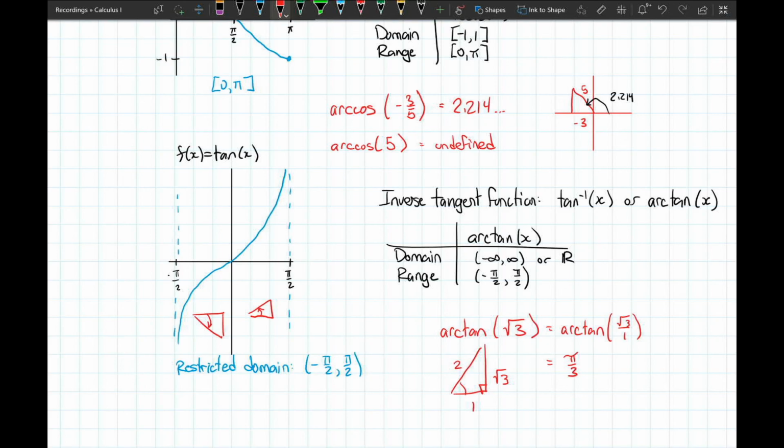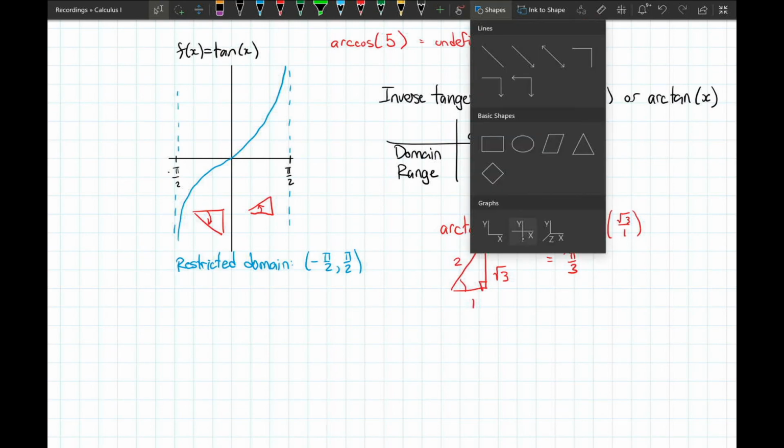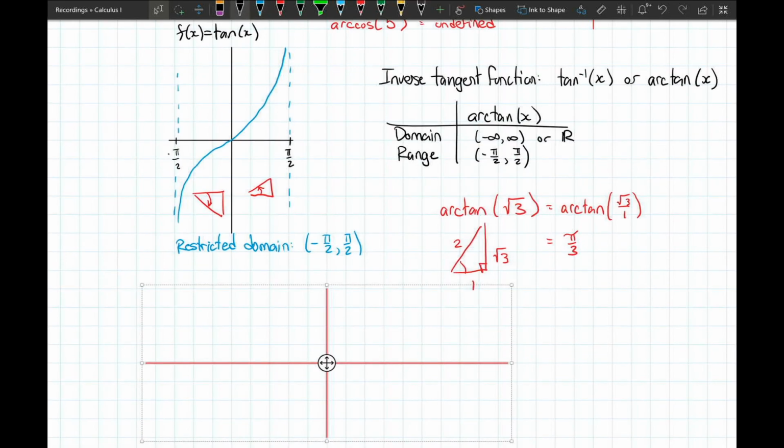Now, last thing here to cover about arctangent is its graph. Surprisingly, we actually might need this later. The graph of arctangent is simply, by properties of inverse, a reflection of the graph of restricted tangent over the line y = x. Now, because I've got a computer here, that's going to help me out a lot.